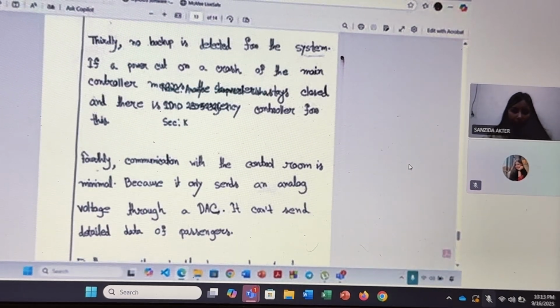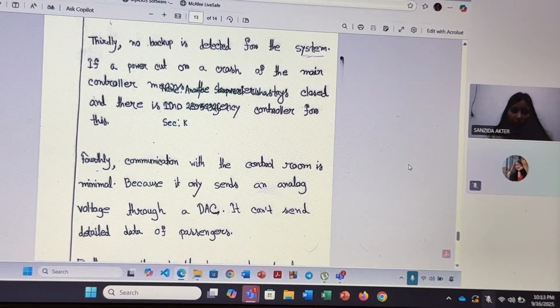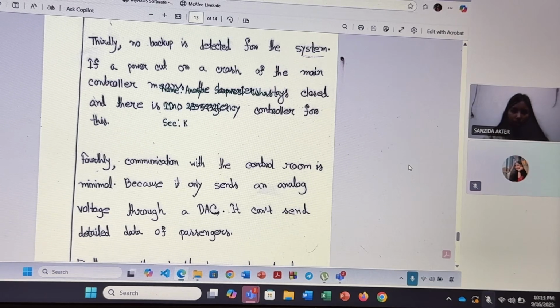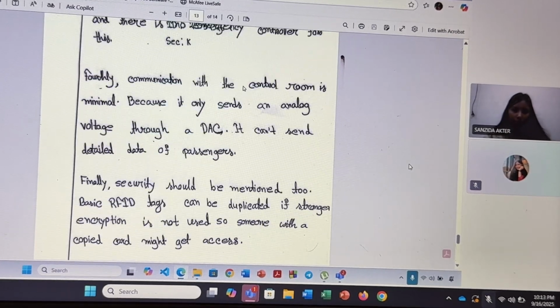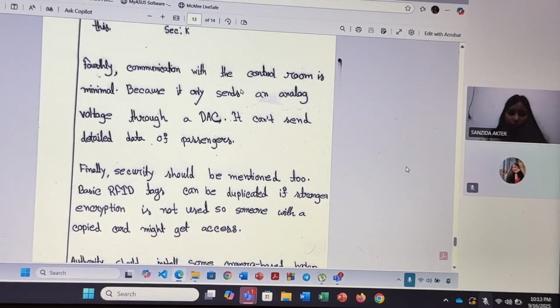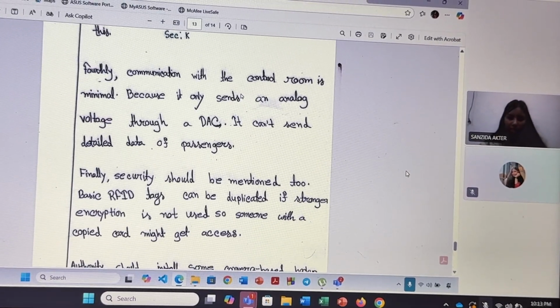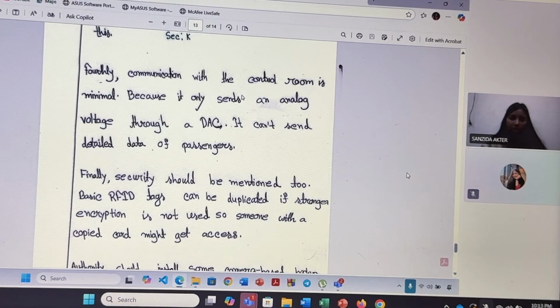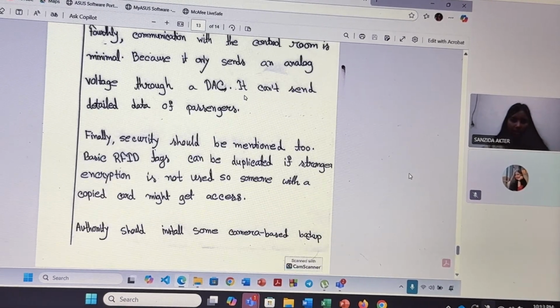There is no backup power or controller, so any fault or power loss stops the system. Fourthly, communication with the control room is limited to a single DAC voltage without detailed ticket or passenger data.